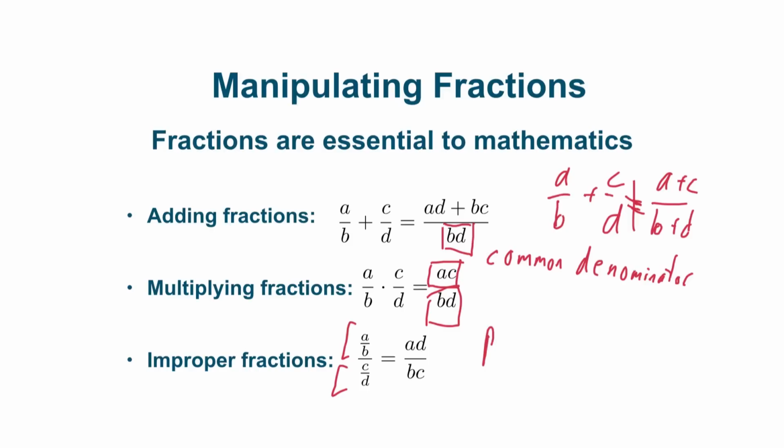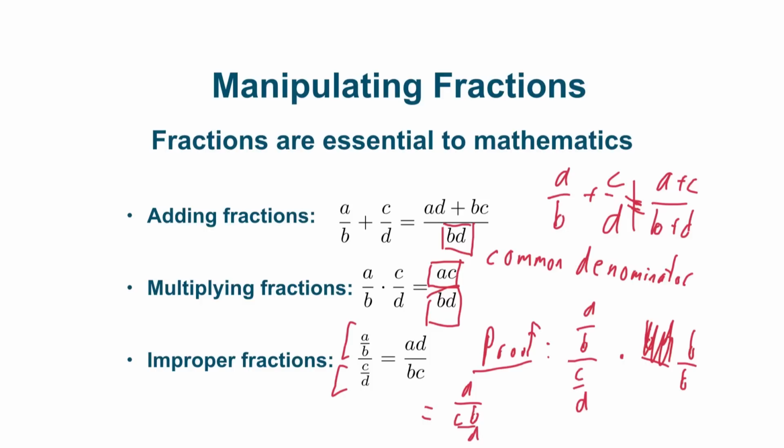So the easiest way to prove this is just to take a over b divided by c over d, and to multiply first by, let's say, b over b, which is 1, so that this is equal to a divided by cb over d.